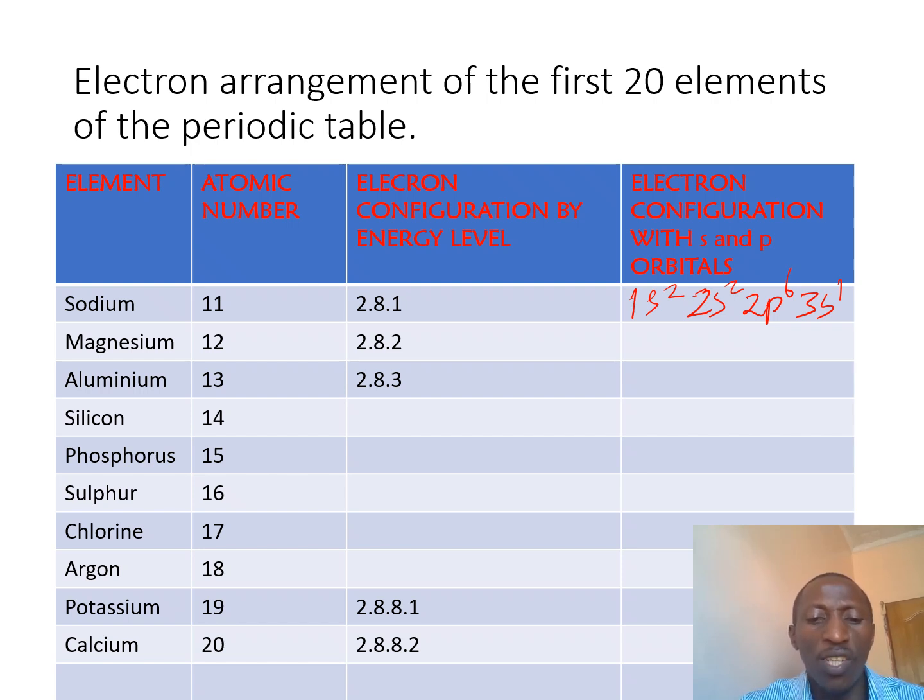For calcium: 1s2, 2s2, 2p6, 3s2. Let us confirm what is the total so far. We have 2 plus 2 making 4, 4 plus 6 making 10, 10 plus 2, that is 12.